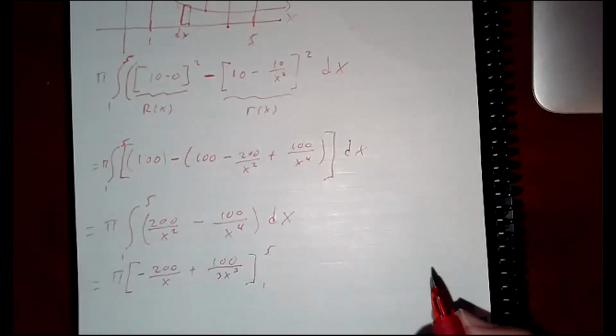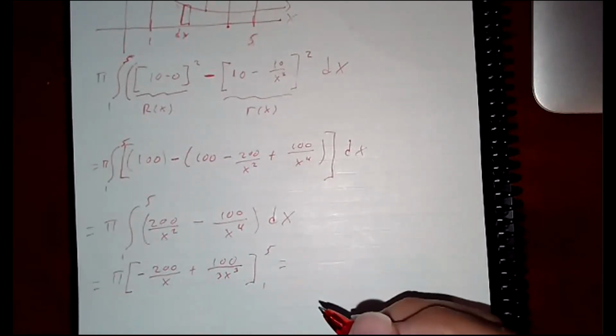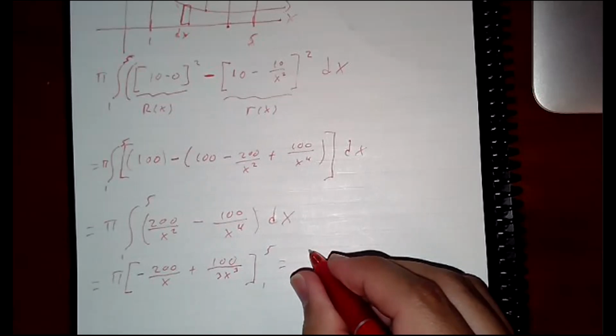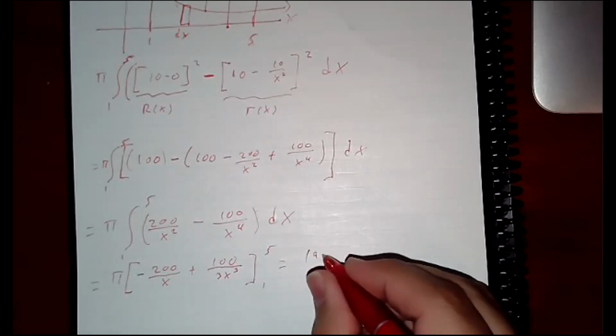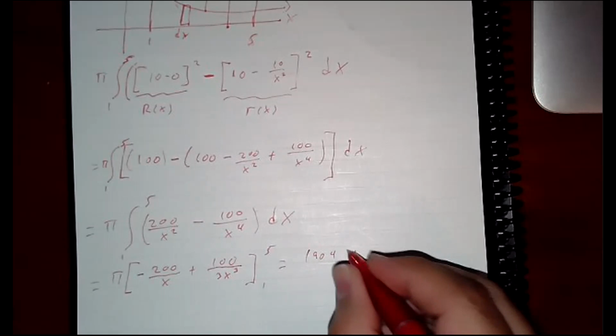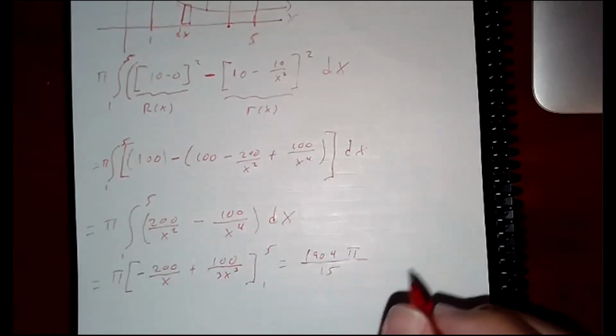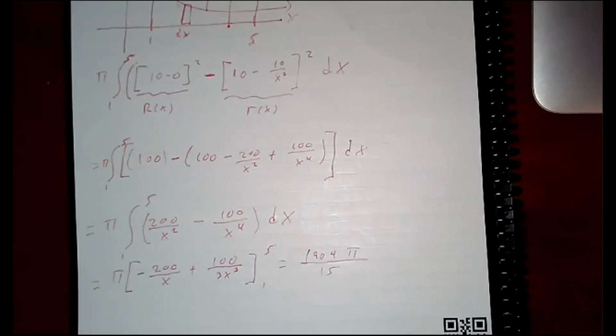Okay. After doing all that, we should get 1904 pi over 15, once you plug in the numbers.